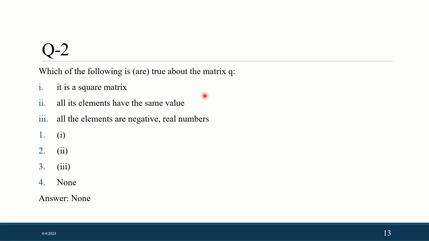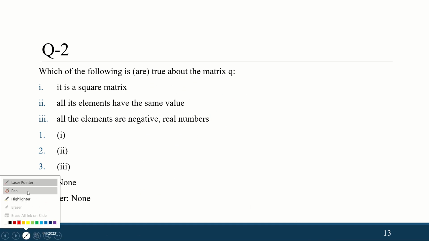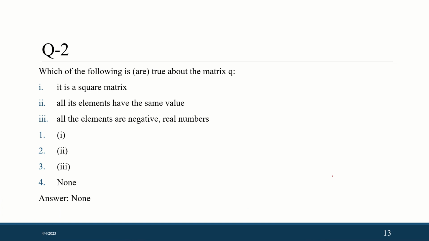Which of the following is true about matrix Q? It is given that we are writing it in the form of Ax equals Q. In Q we are putting all the constants from the equations.